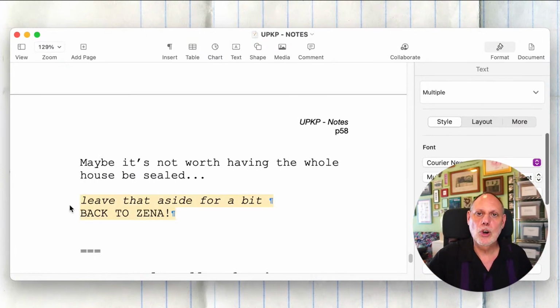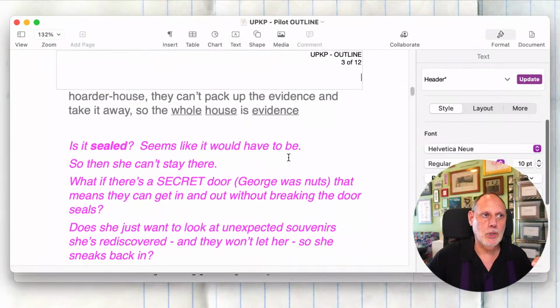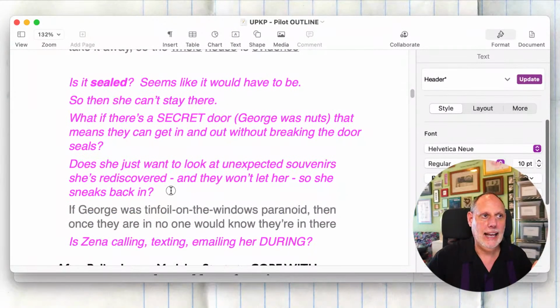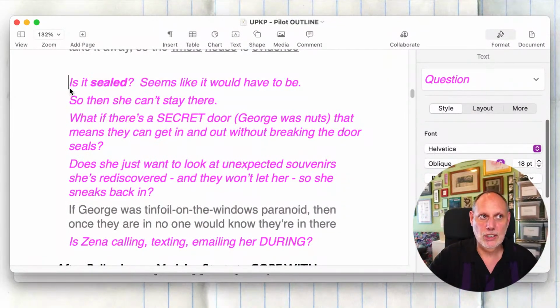Sometimes when you don't know what you want to do with something, make a note of it, make it clear that you want to solve this problem, but then set it aside. So what I did was I put it here in the outline as a question, as a nice, bright pink question, which means I can't feel my outline is done until I have solved this.